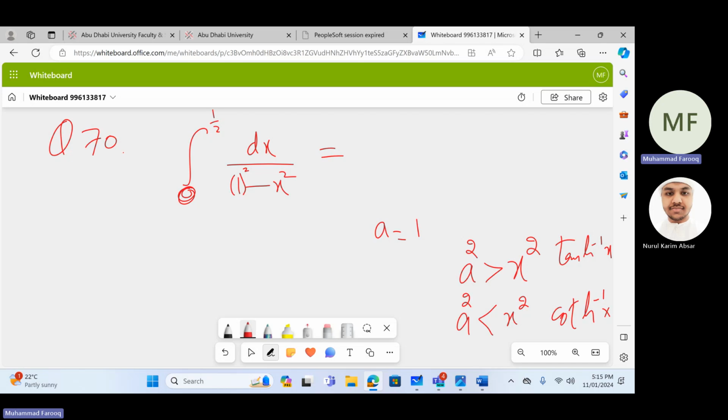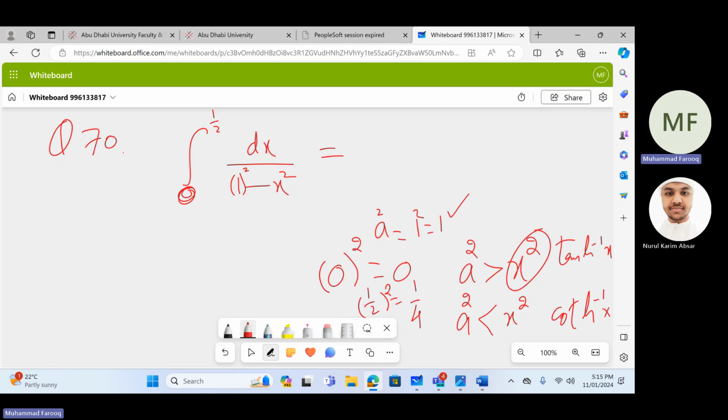As I asked, what is my a? You told me a is 1. What is a squared? 1. Now I need x squared. My starting value of x is 0; squared, it is 0. My highest value of x is 1 by 2; squared, it is 1 by 4. Now compare.